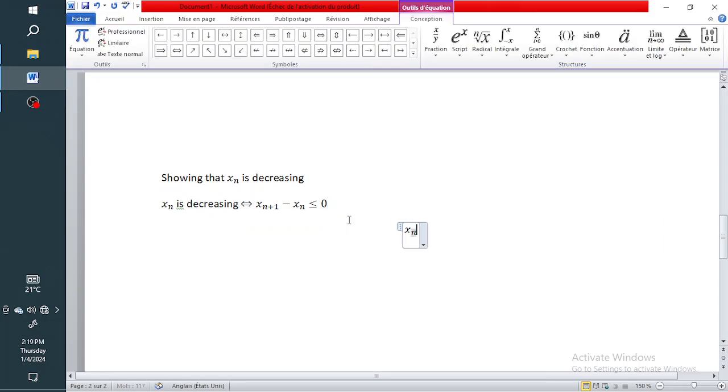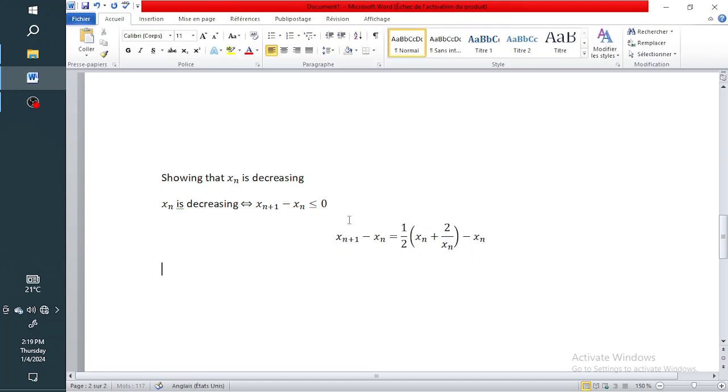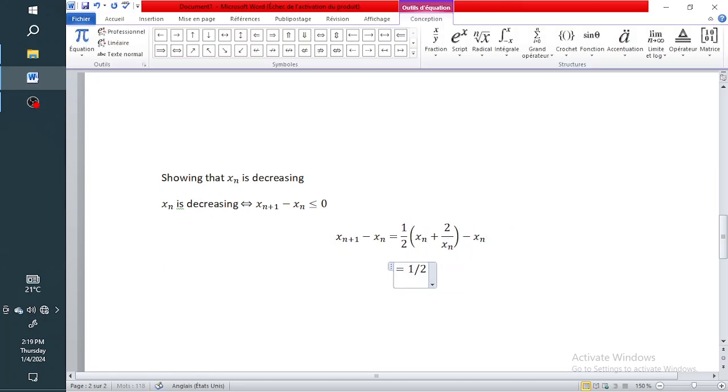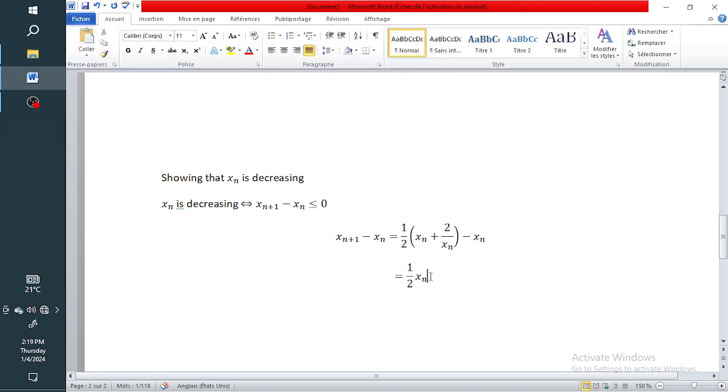x of n plus 1 minus x of n is equal to, x of n plus 1 was half into xn plus 2 over xn, then we have to subtract xn. So I multiply half with xn, and then multiply the half with 2 over xn, the 2 cancels and I get 1 over xn, then I subtract xn.